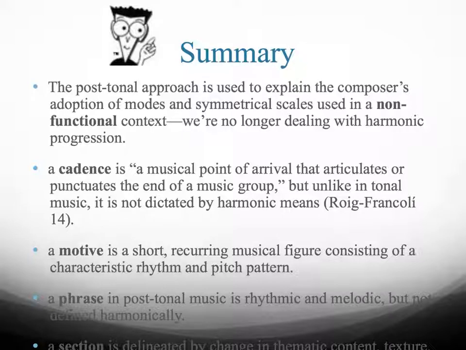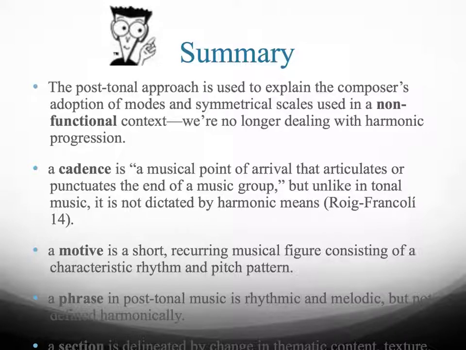So in summary, here are several points that I'd like to emphasize. The post-tonal approach is used to explain the composer's adoption of modes and symmetrical scales in a non-functional context. So here we're no longer dealing with harmonic progressions based on 5-7-1 and so forth.